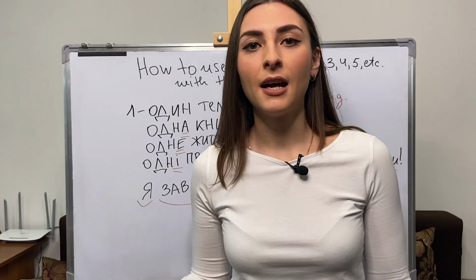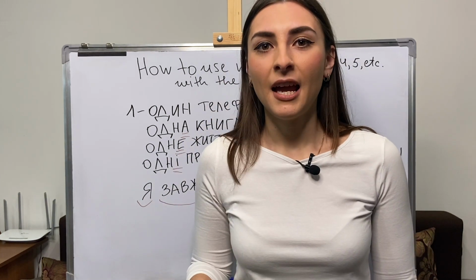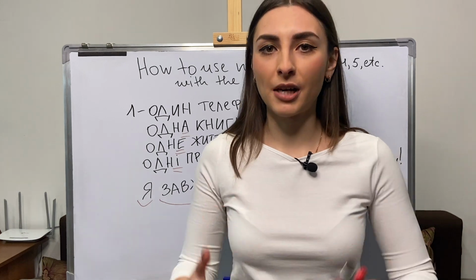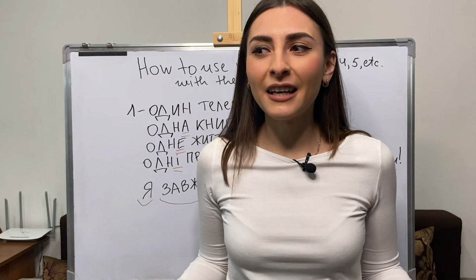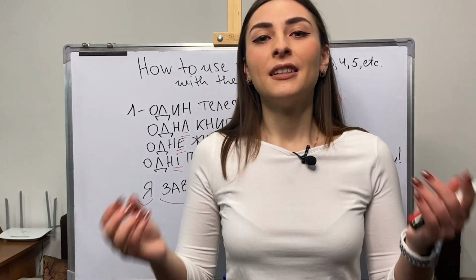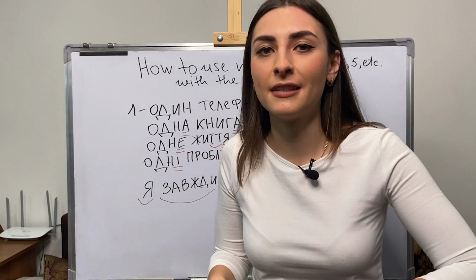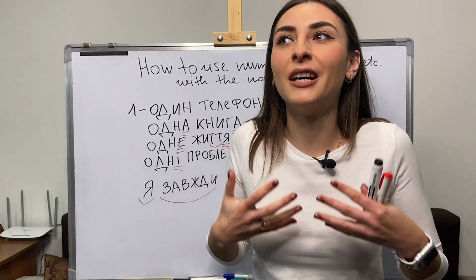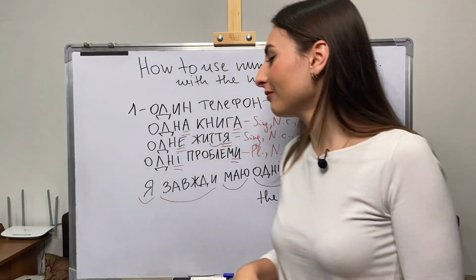But if I want to emphasize that and add some more expression, you need to add this particle ж. Я ж тобі казала, I told you. So this is a particle that we use to emphasize something, to express your emotions more in Ukrainian.